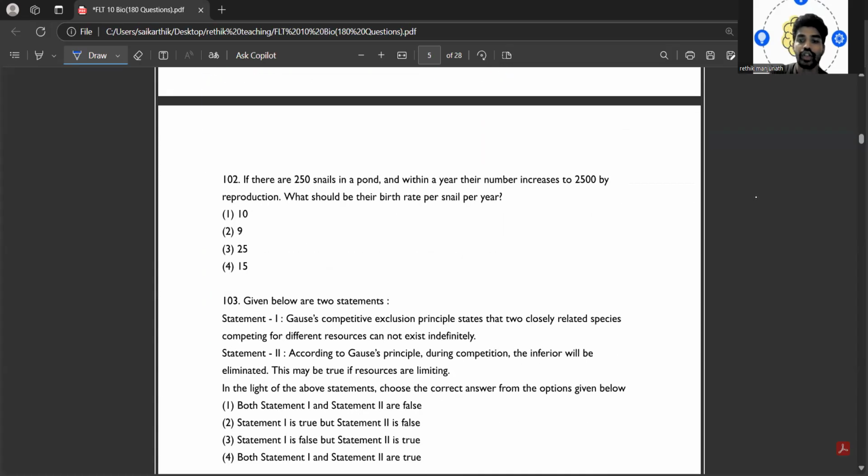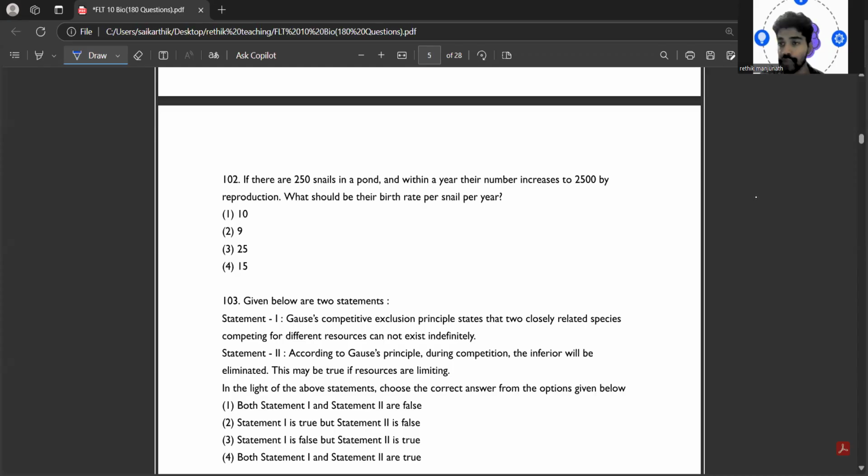The next question is 102. If there are 250 snails in a pond, and within a year that number increases to 2500 by reproduction, what should be the birth rate per snail per year?